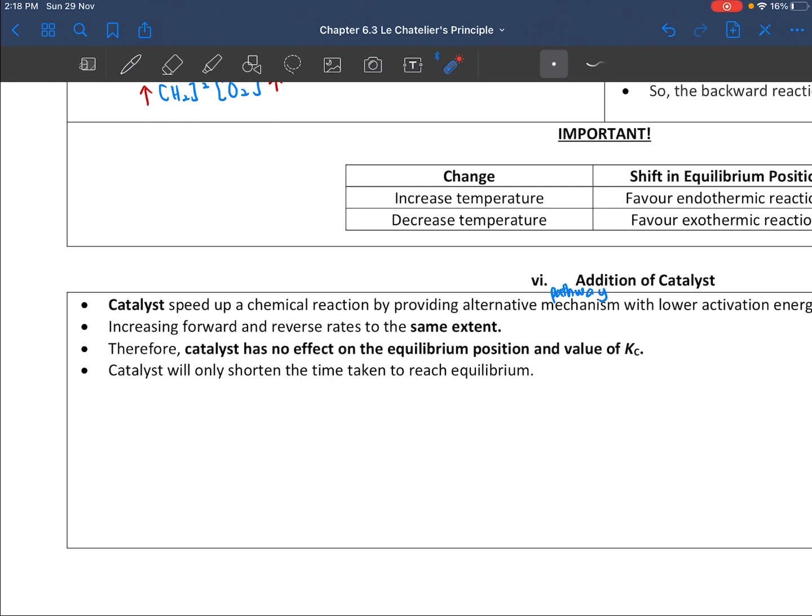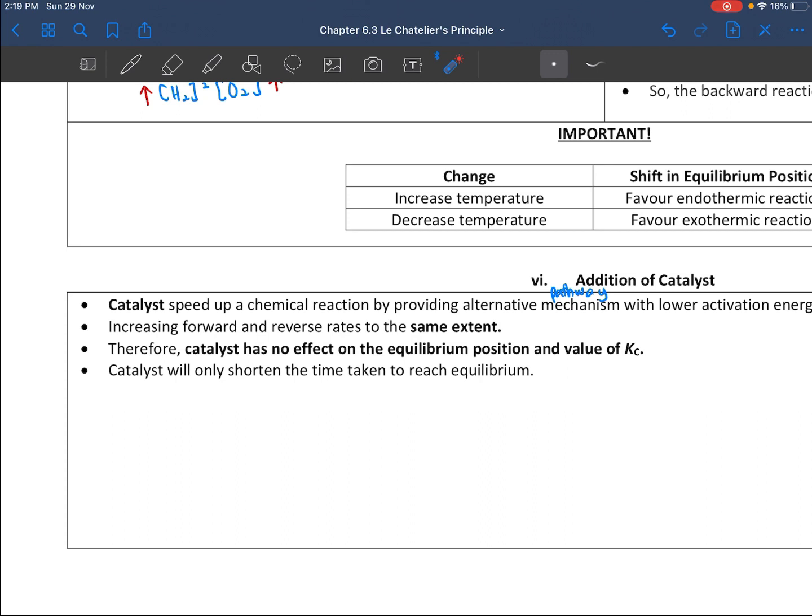Okay, so equilibrium tu akan still remain equilibrium. Okay, so we can say that addition of catalyst will not affect the equilibrium. Catalyst hanya shorten the time taken to reach equilibrium, tapi dia tak mengganggu equilibrium. So kalau soalan tanya, kalau add of catalyst nak shift kiri kanan, so tak perlulah nak shift mana sebab it will not affect the equilibrium.